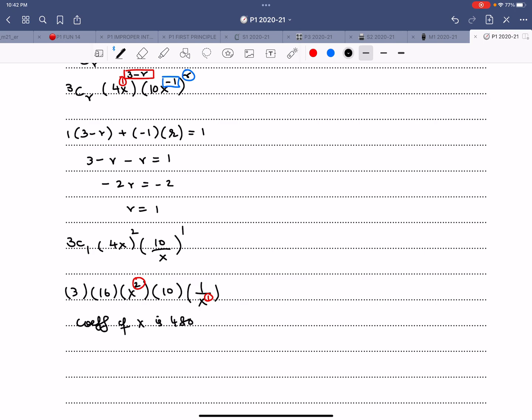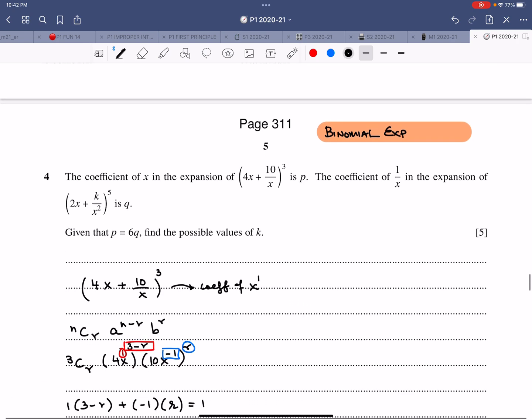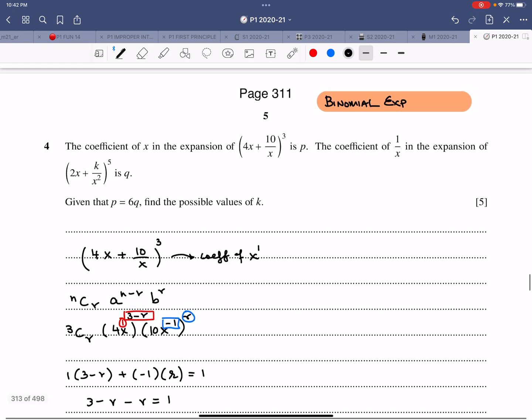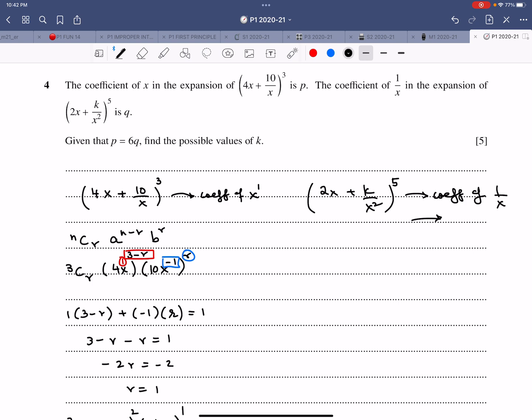That is the first part. What else does it say? The coefficient of 1 over x in the other expansion is such and such. So now the other expansion is 2x plus k over x squared raised to power of 5. And we are looking at coefficient of 1 over x. And we are calling it q. And coefficient of x, we are calling it p. So let me label both of them.